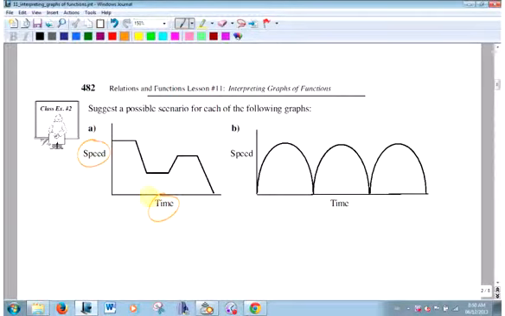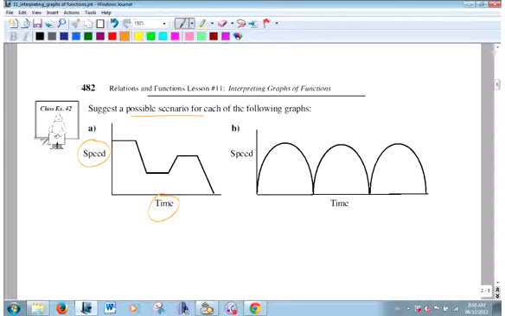Speed versus time. Suggest a possible scenario. This should be an easy mark. If you're kind of creative, it will be an easy mark. And if you're not, well, you've got to try to memorize it. What's a possible situation for something that does speed versus time? Car driving, first thing that comes into my mind. What else could it be?